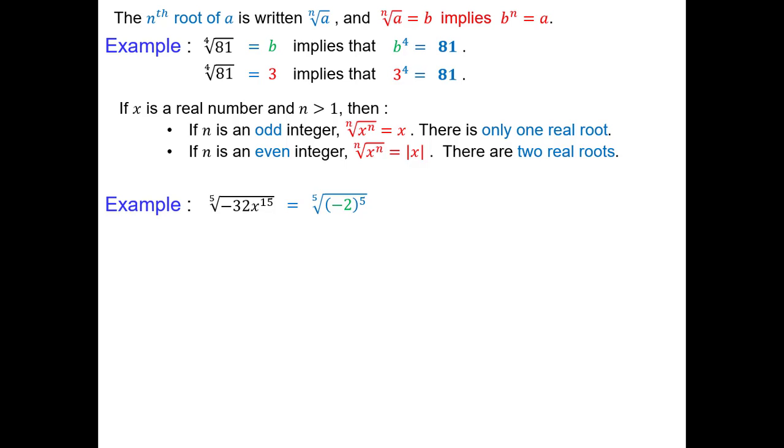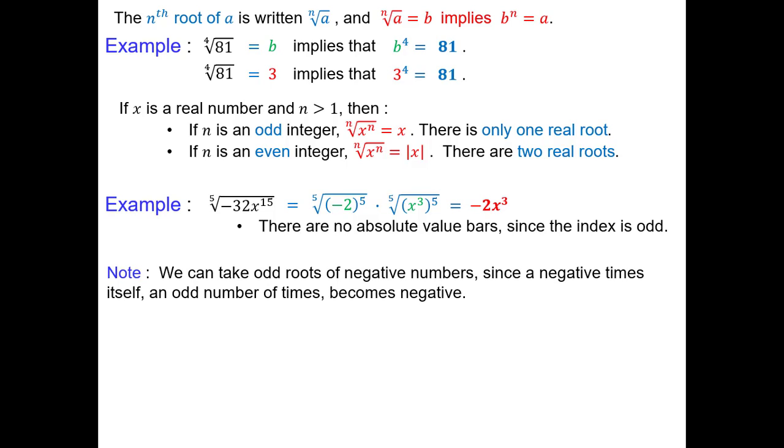We could say the 5th root of negative 32, or rather negative 2 to the 5th, times the 5th root of x to the 15th, or rather the 5th root of x cubed to the 5th. So what I tried to do here is force each quantity to have a 5th power, and therefore when I cancel out the radicals, that gives me negative 2x to the 3rd. Now I don't need absolute values because this is an odd index.